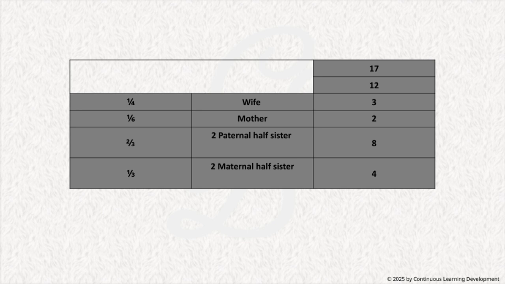Then we see the 2/3, which is quite significant, associated with a second paternal half-sister, with a value of 8. This suggests a closer relationship, perhaps half-siblings sharing a substantial part of their genetic makeup. Similarly, the 1/3 relates to a maternal half-sister, with a value of 4, indicating yet another form of familial connection.